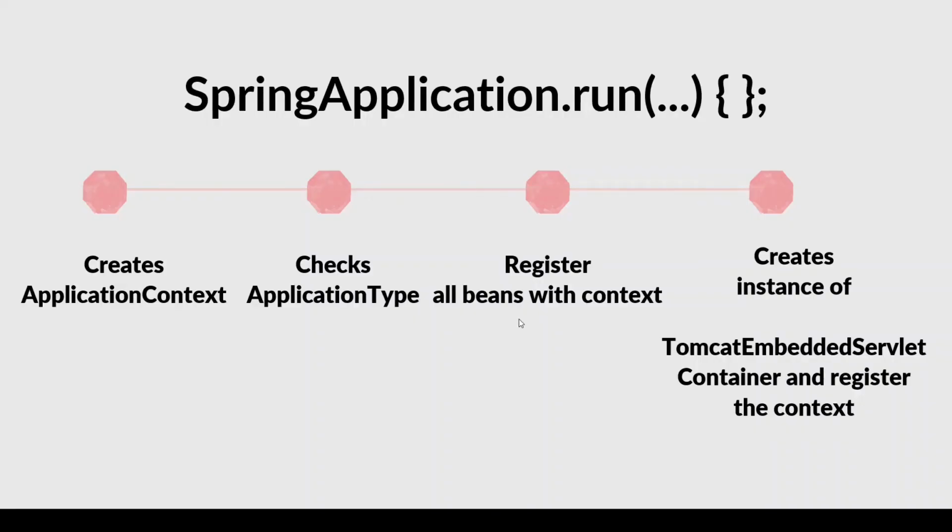First it creates the application context, then checks the application type, whether it is servlet or reactive. Based on the dependency you declare inside the pom.xml for the application type, it will create the context and register all the beans with the context, and then create the instance of the Tomcat embedded servlet container and register it with the context, right?